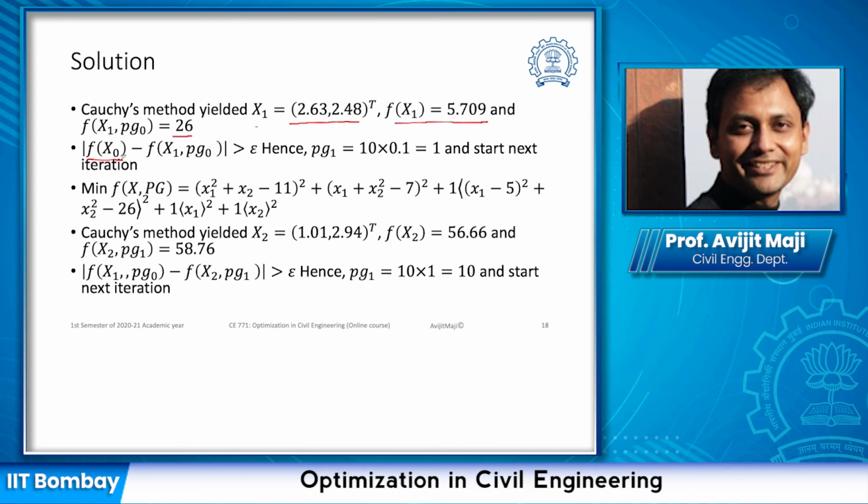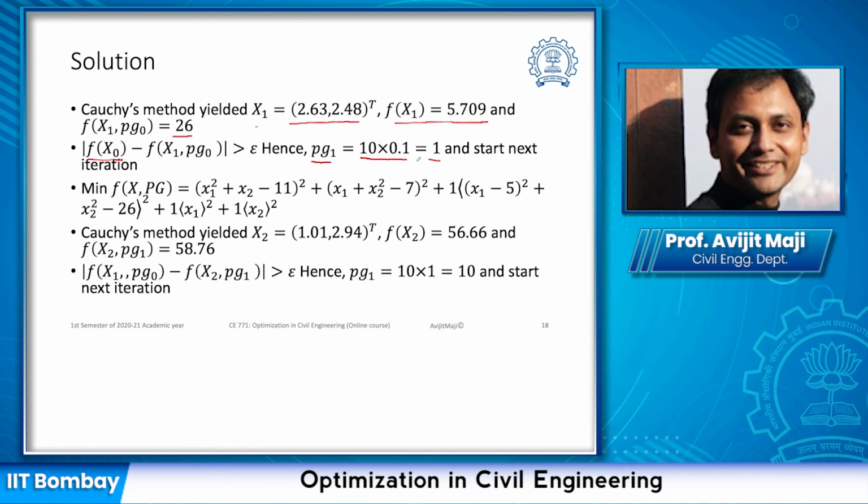We have just used the original objective function value. So this completes the first iteration. Before getting into the second iteration, we need to find the value of the penalty parameter. We said the multiplication factor alpha is 10, so we multiply it with 0.1. Now it becomes 1, and we'll start the next iteration.